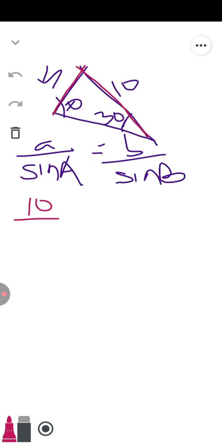That's theta. So 10 over sine theta is equal to, so B will not be the second one. That's 5 over the angle facing 5, over sine 30.